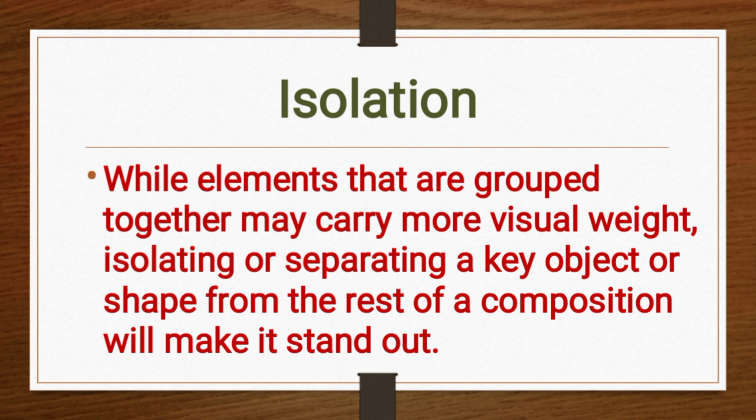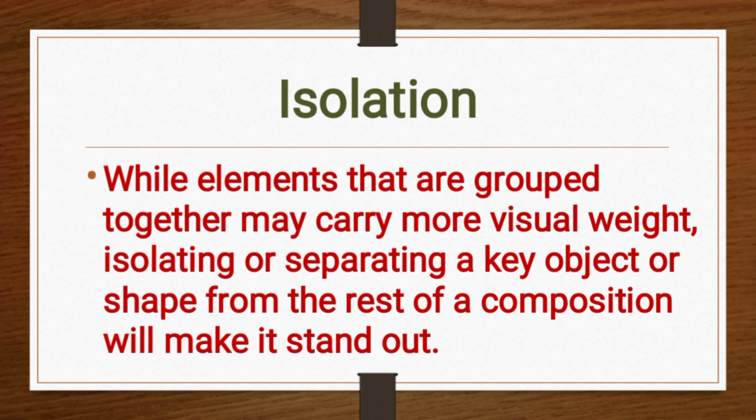Now, while elements that are grouped together may carry more visual weight, isolating or separating a key object or shape from the rest of the composition will make it stand out. How can this be in play? What is this talking about?